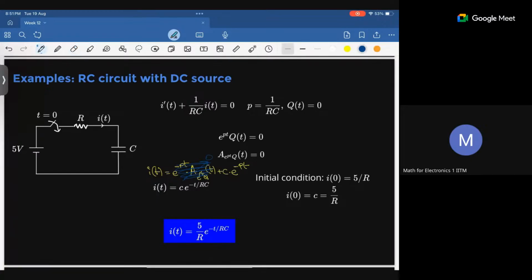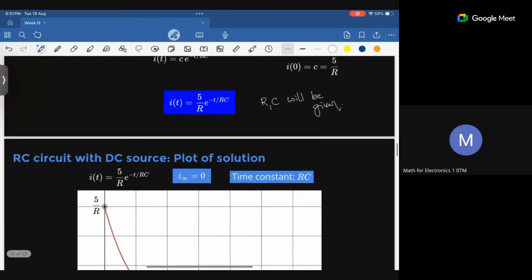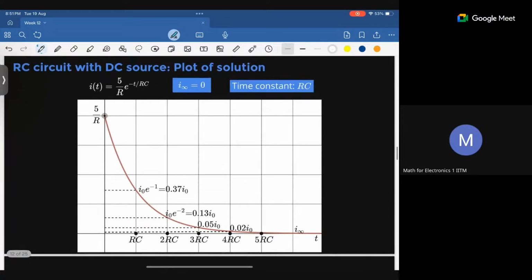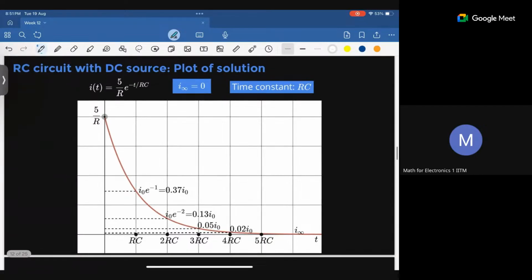So here also RC will be given to us, and I of t will be only in terms of t. And even this we can plot: I of t is equal to 5 by R e power minus t by RC. Here the time constant that we are going to consider is RC.